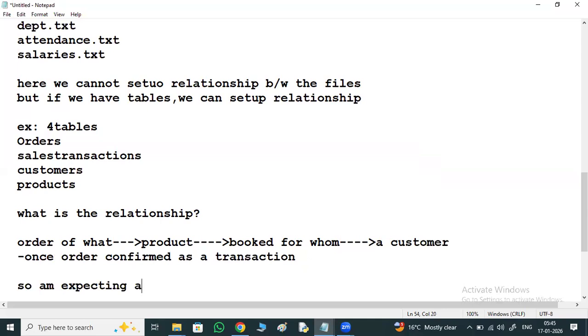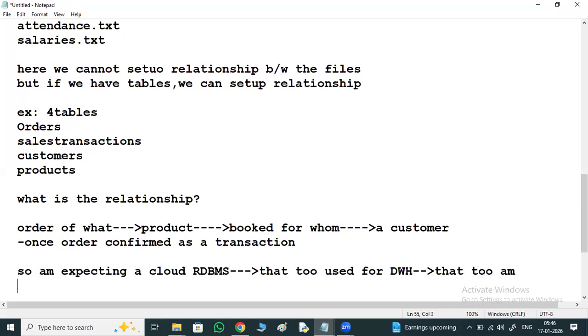So I'm expecting a cloud DBMS, the two used for data warehouse.